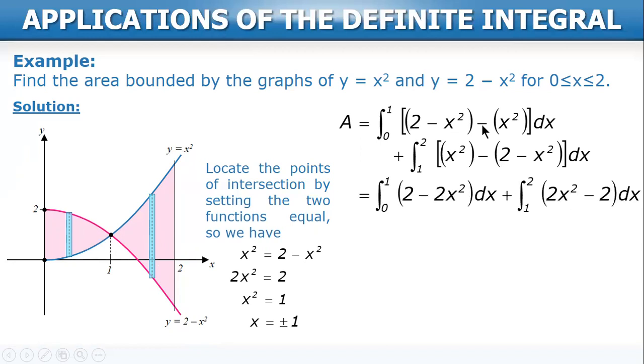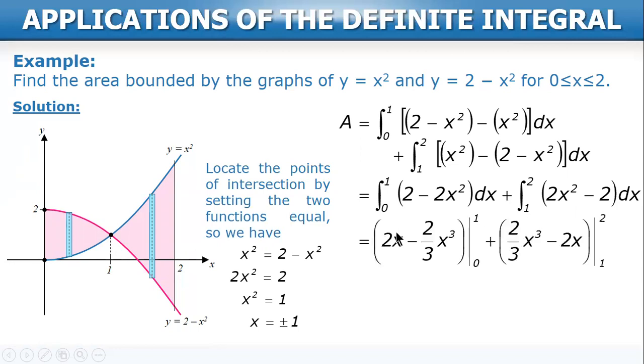So 2 minus x squared minus x squared, that's 2 minus 2x squared. x squared minus 2 plus x squared, so 2x squared minus 2. And then you integrate, and then after that you evaluate. 2x minus 2x cubed over 3, so 2 thirds x cubed from 0 to 1. 2x cubed over 3 minus 2x from 1 to 2.